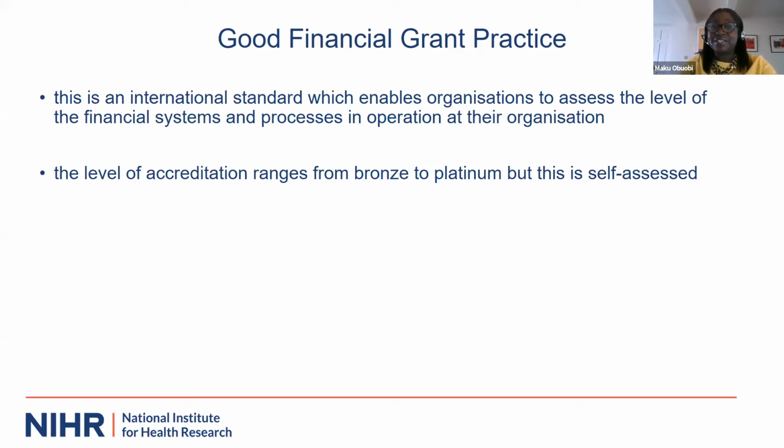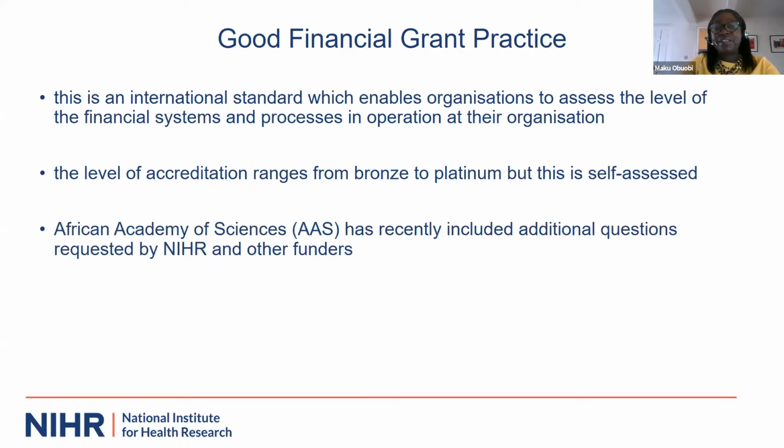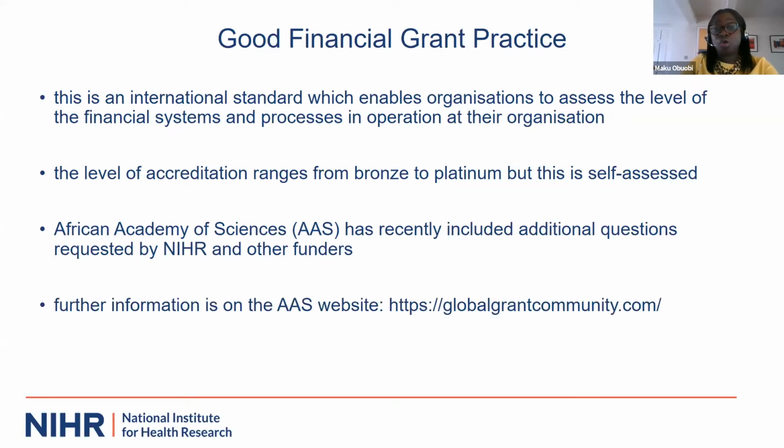Self-assessments are then certified by an external body and rated accordingly from bronze to platinum accreditations. The African Academy of Sciences has recently included additional questions to make for a more comprehensive review. And further information about the standard can be found on the AAS website. NIHR will consider any GFGP assessments completed for due diligence reviews.